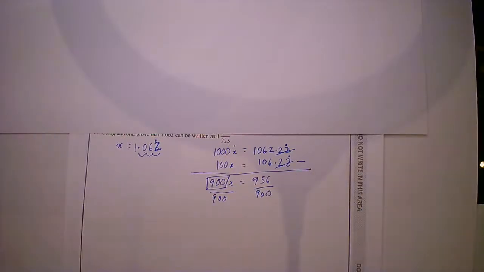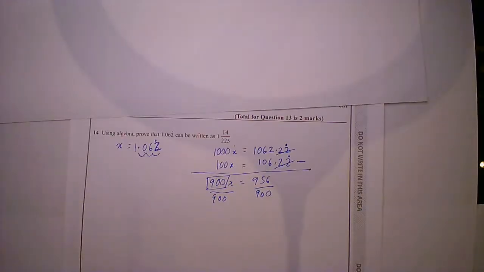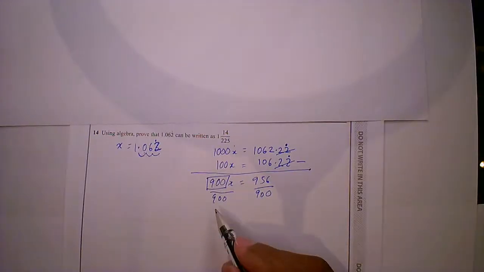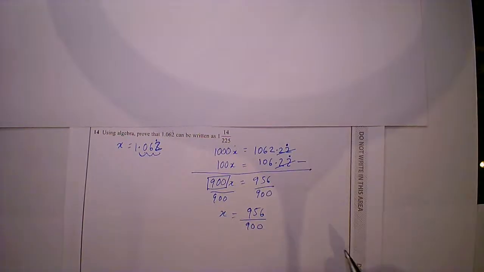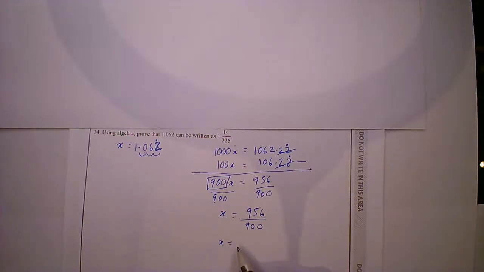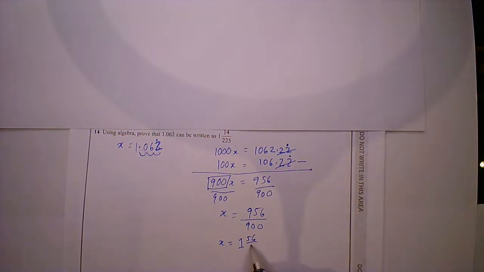And I keep going because I want to show this. So x equals 956 over 900. Now, how many times does 900 go into that? It's once. What's my remainder? 56 over 900.